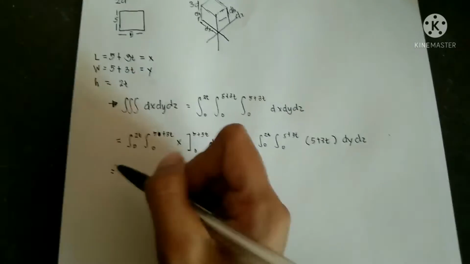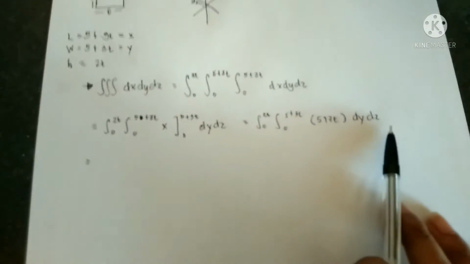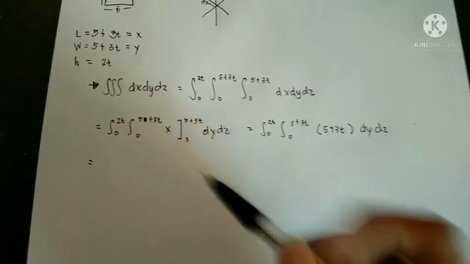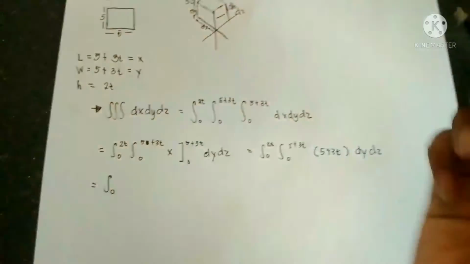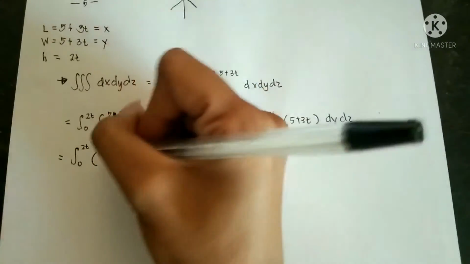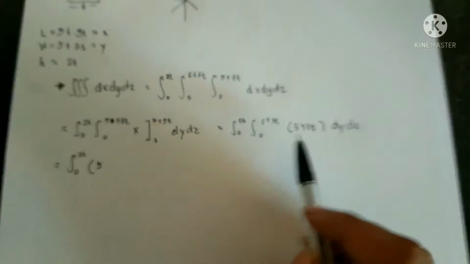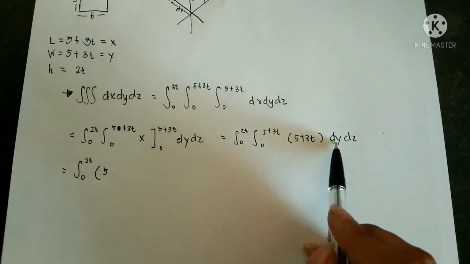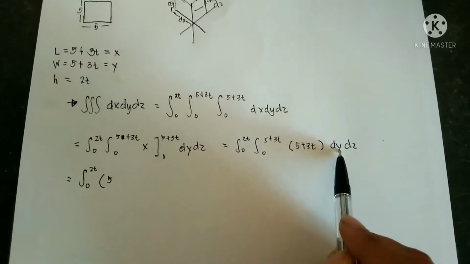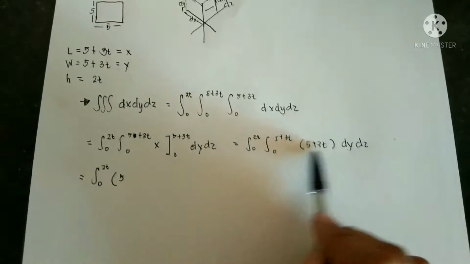Next, integrate naman natin ito. So, sulat natin yung integral of 0 to t of 5 plus 3t. Since the integral of dy is y, distribute natin dito sa quantity.